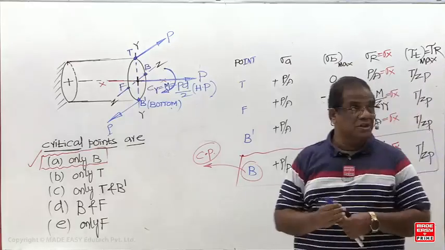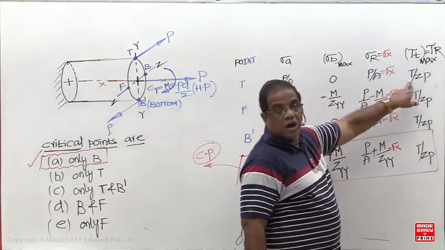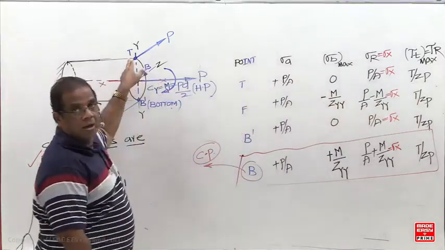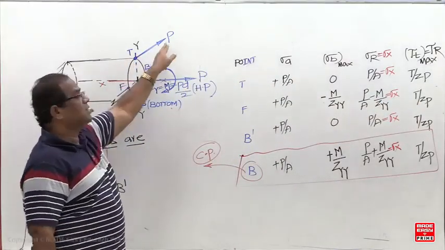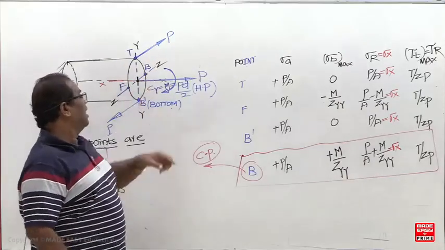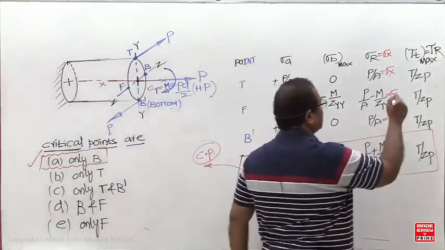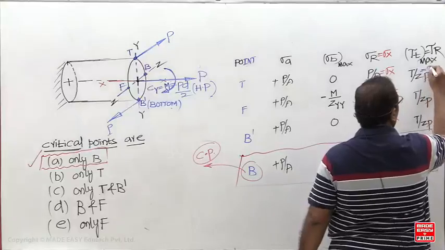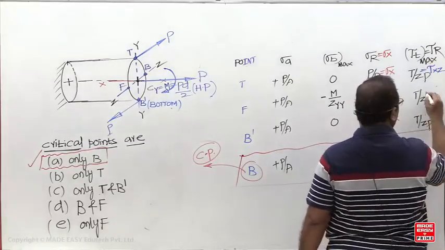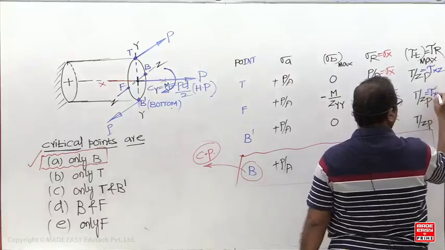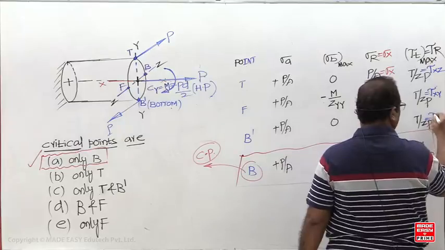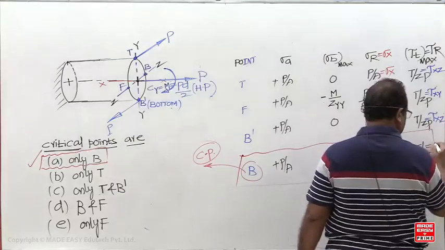But what about the torsional shear stress? What is the torsional shear stress at the top? What is the direction of torsional shear stress? Tau xz or tau xy? This is tau xz. At front, this is tau xy.